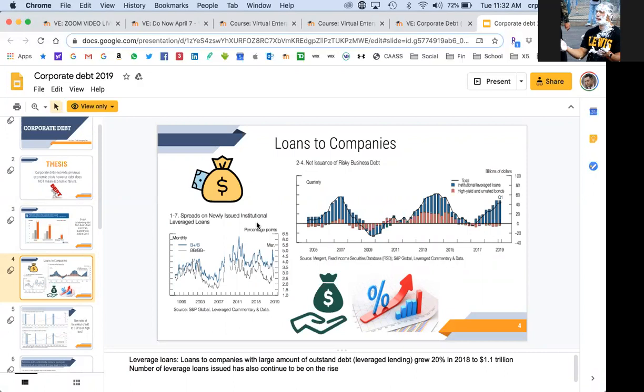But although they're new, it doesn't tell me if it's more than it was. Although there were more new leverage loans in 2011 than 2019, you're not telling me if there's more actual debt in 2011 or 2019, right? So you're not telling me that. So this data doesn't really seem to work at all.